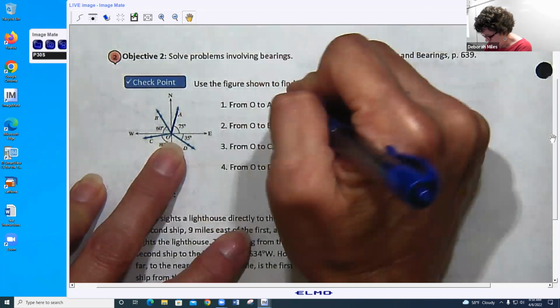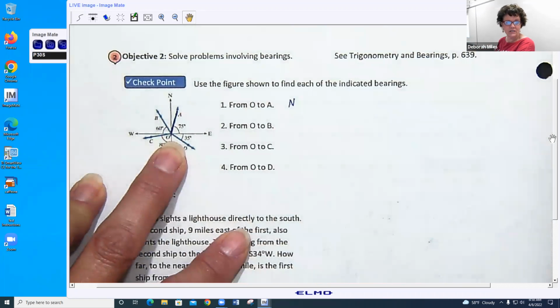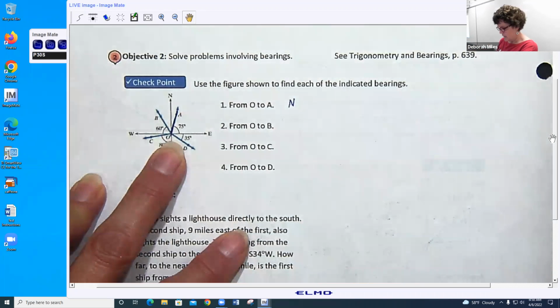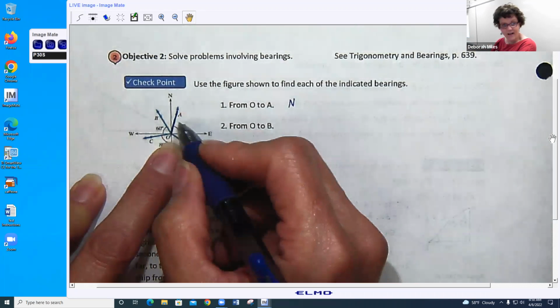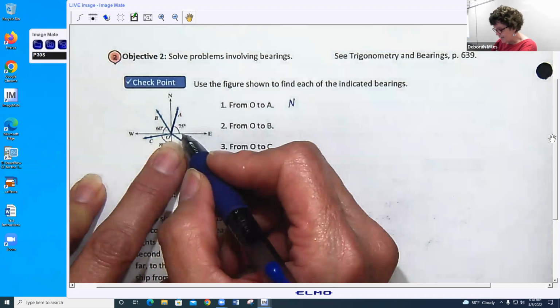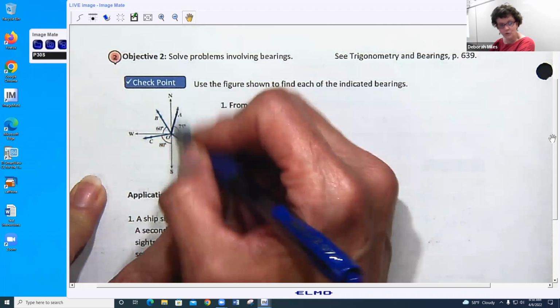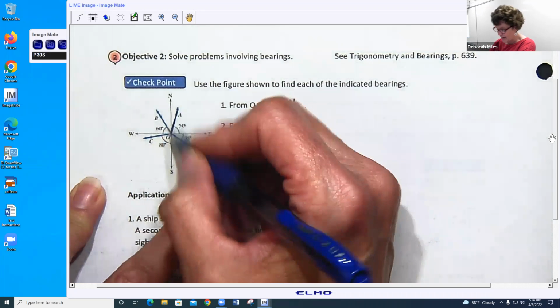We're going to measure the distance to the north line. And it's not this 75, because your bearing is always with respect to the vertical line, the north-south line.